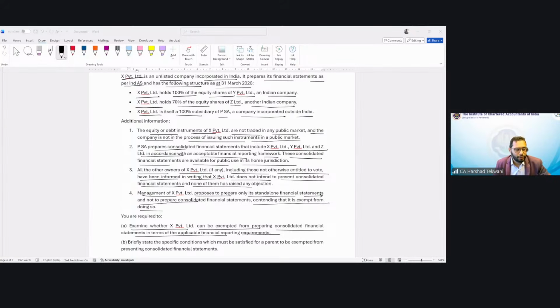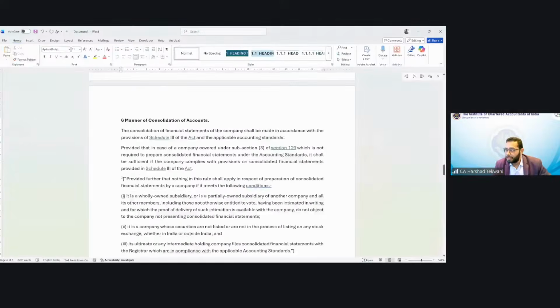We will discuss those exemptions now, and then we will also go to the Ind AS, because Ind AS also presents some requirements with respect to exemptions and requirements with respect to the entities who are not required to prepare CFS. Now, first, let's discuss the Companies Act. So there is Rule 6 of Companies Accounts Rules, which basically talks about the manner of the consolidation of accounts.